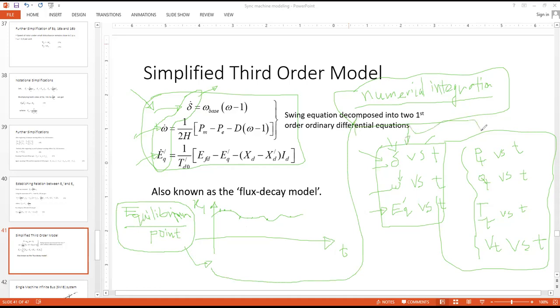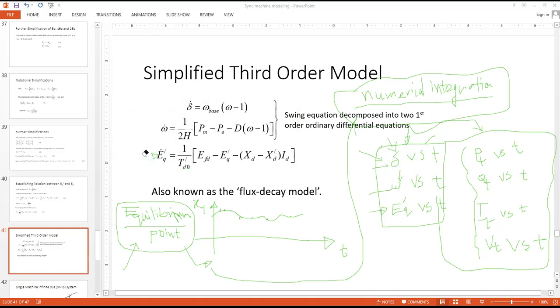The first step, for any solution of a system of ODEs, is to calculate the equilibrium point or the operating point. If it is given, then it's fine. If it is not explicitly given, then we have to identify the values of the variables under consideration with the help of the calculation of the equilibrium point.